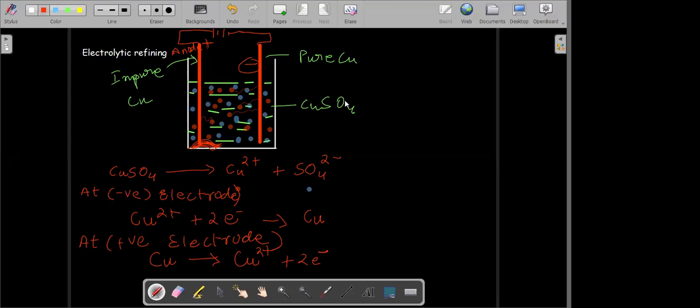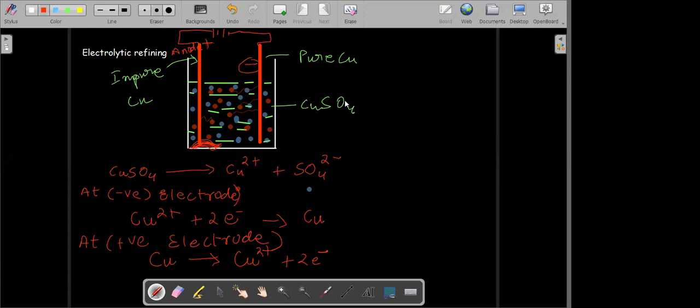Sir, it passes the copper particles to the cathode. It passes the copper atoms into the solution. Then what happens over there?